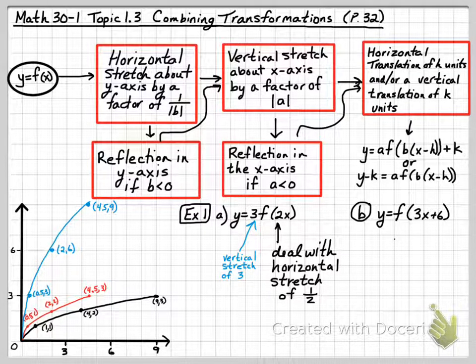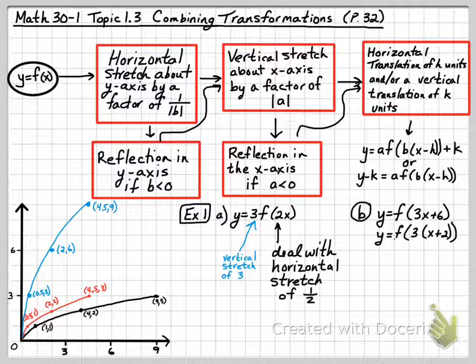y equals f of 3x plus 6. Now I need to factor the 3 out of both of those terms. Now I'm going to be in the form above, or f of 3 times (x plus 2). So my b value is going to be 3, and my horizontal shift is going to be 2 units.